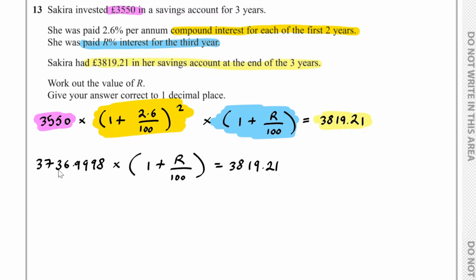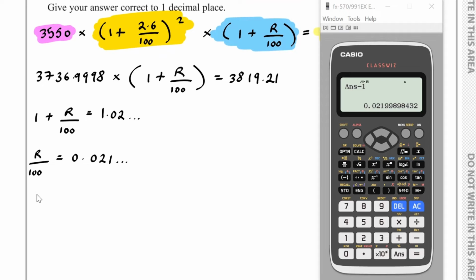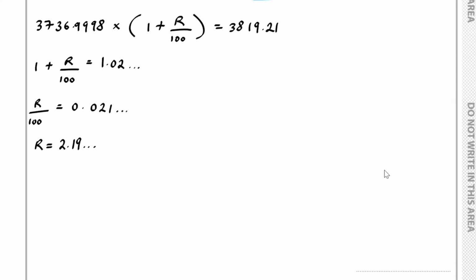And if we divide by this quantity here, we have 1 plus r over 100, which is equal to 3819.21 divided by this, which is 1.02, etc. And if I subtract 1 from both sides, r over 100 is equal to 0.021, etc. And if I now multiply by 100, it turns out we get 2.19, etc. And to one decimal place, therefore, we have 2.2.